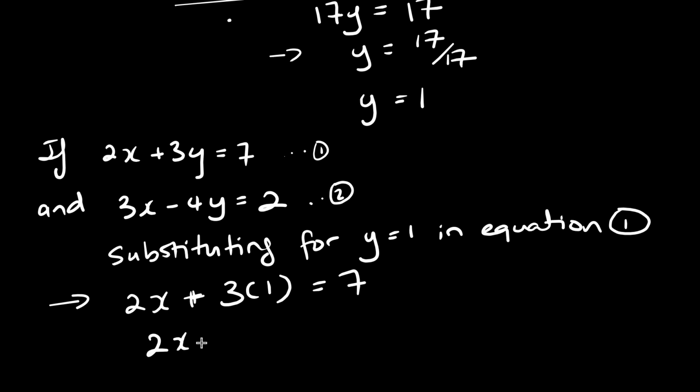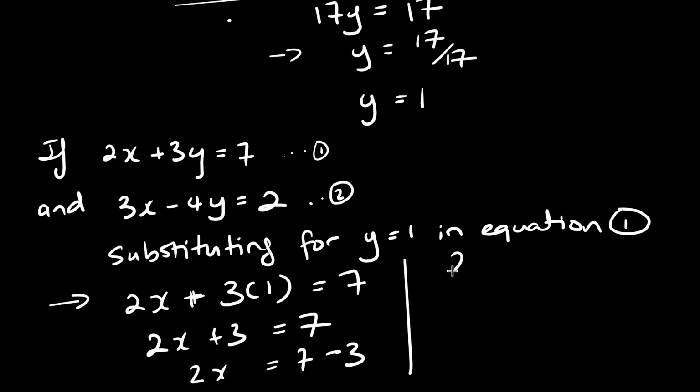We're going to get 2x plus 3 is equal to 7. We're going to get 2x is equal to 7 minus 3. We're going to get 2x is equal to 4, and x is equal to 4 over 2. x is equal to 2. So we should be comfortable there, right?